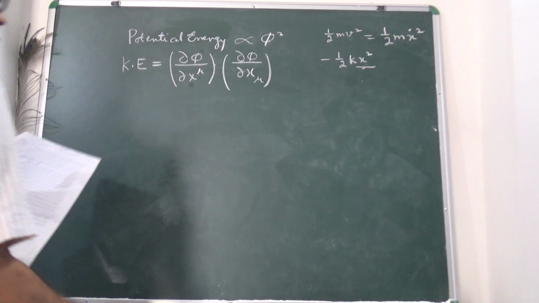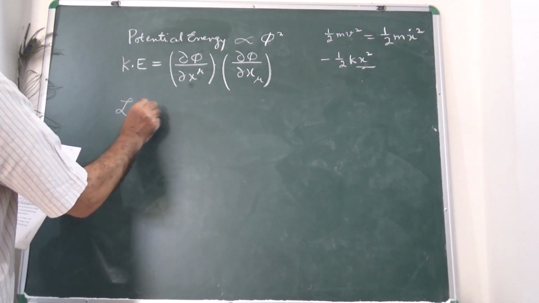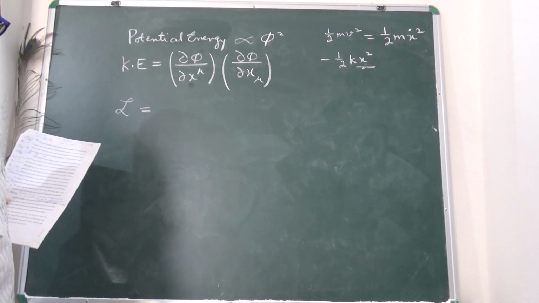So the Lagrangian is the difference of kinetic energy and potential energy.